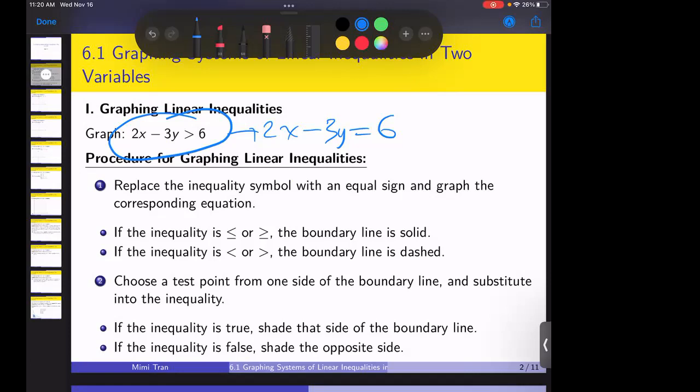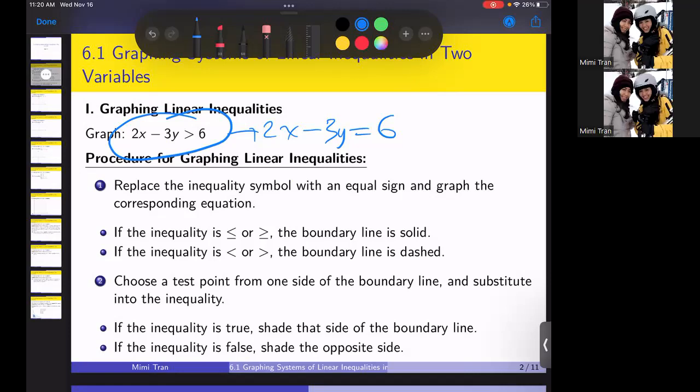Maybe check it out on Desmos. 2x minus 3y greater than 6. So the shaded region will be your solution, right? It's no longer a line.